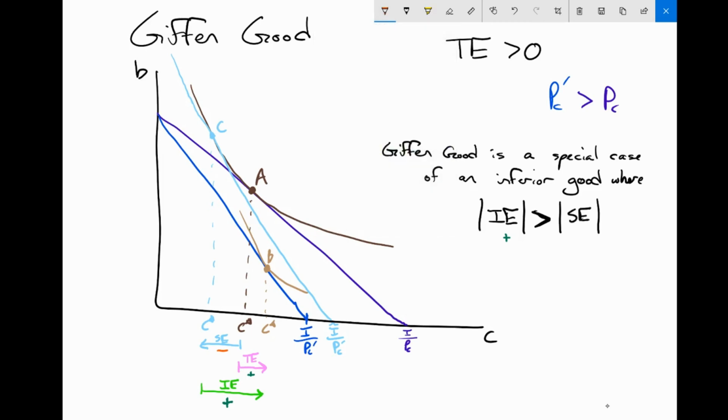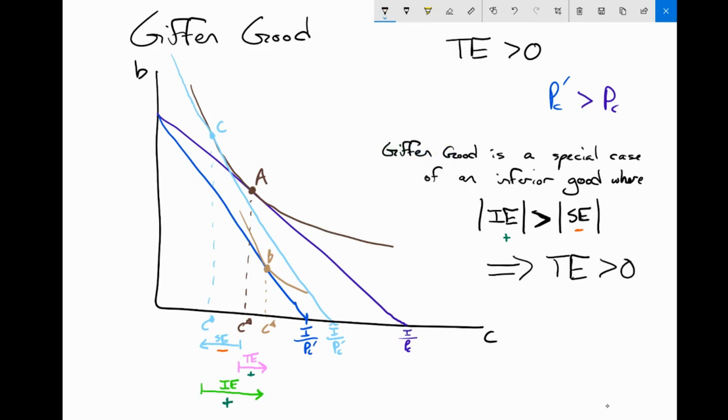So the substitution effect is negative, but we're saying that the income effect is a larger effect than the substitution effect, which would imply that the total effect is positive, right?